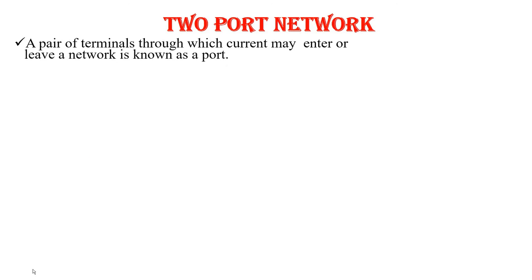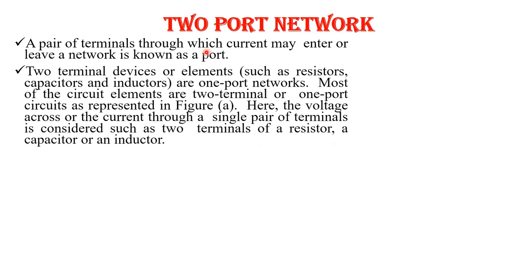Next I am going to explain two-port network. A pair of terminals through which current may enter or leave a network is known as port. Two-terminal devices or elements such as resistors, capacitors and inductors are one-port networks.